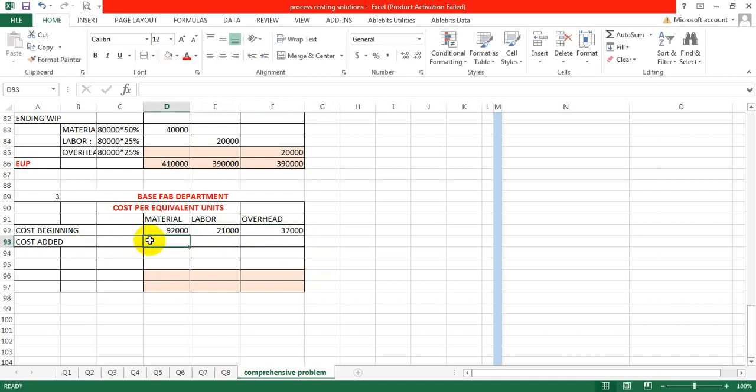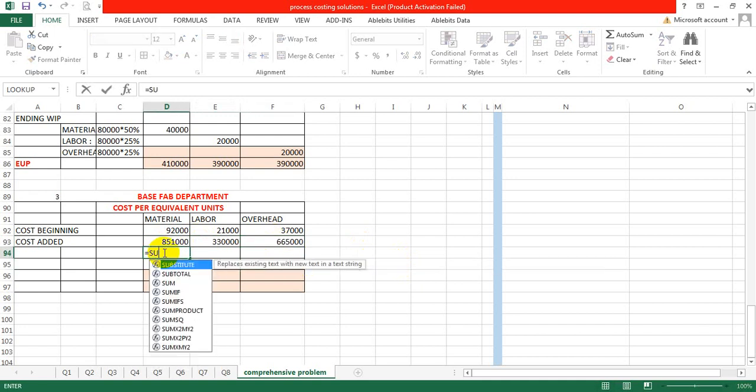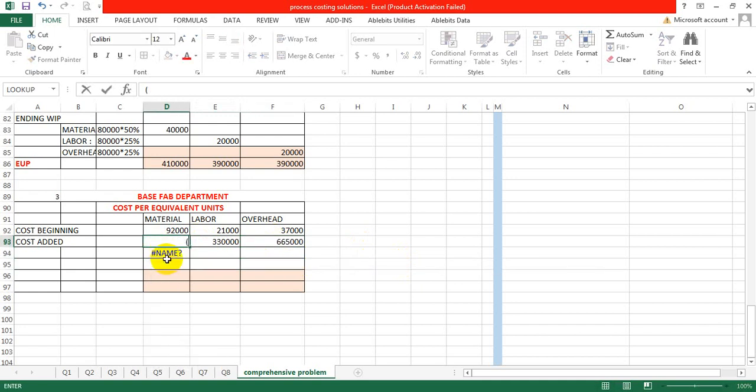What is my cost added during the period? So cost added during the period is mentioned 8,51,000, 3,30,000 and the next one is 6,65,000, right? So we will add these values, sum together. We will add these values, this and that.